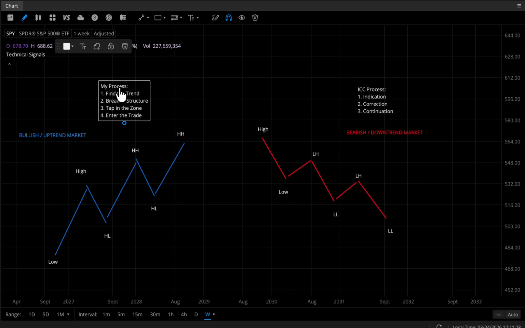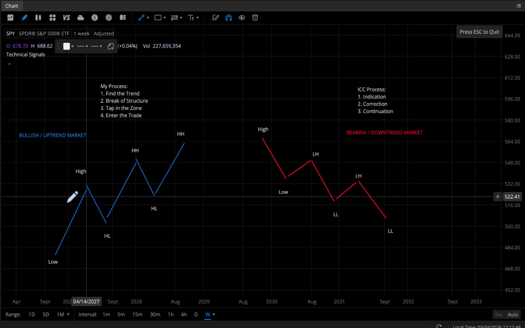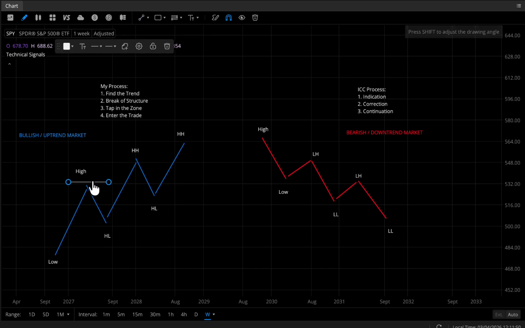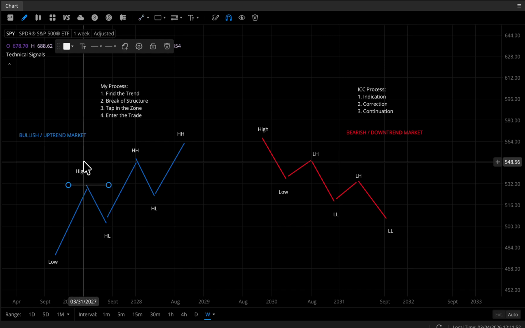So, for supply and demand, we first want to find the trend. So we come into the market, we see, okay, price is moving up. That is telling me we have a potential to buy, right? Now that we have a high, we want to identify it. This was our most recent high.